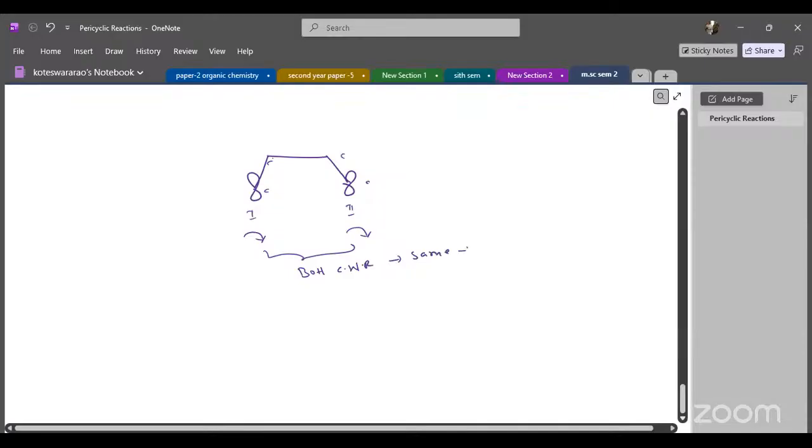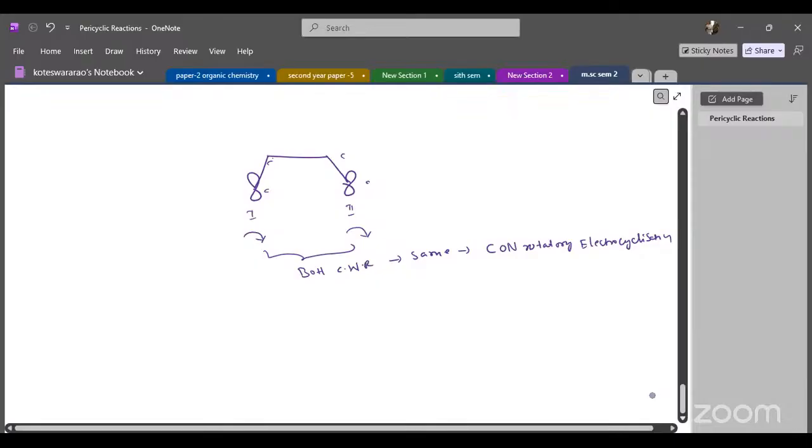This same rotation is known as conrotatory electrocyclization. Both are undergoing the same kind of rotation.